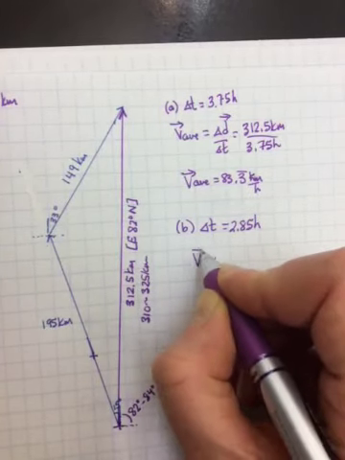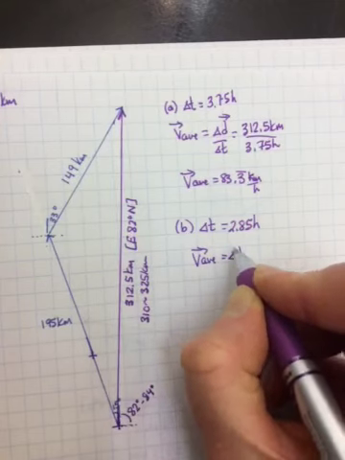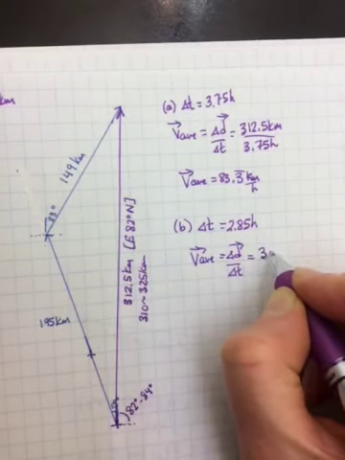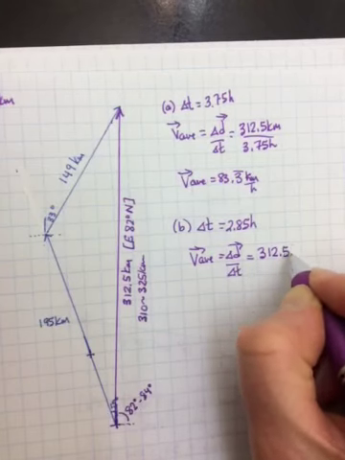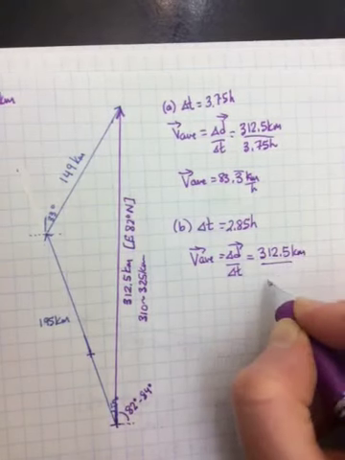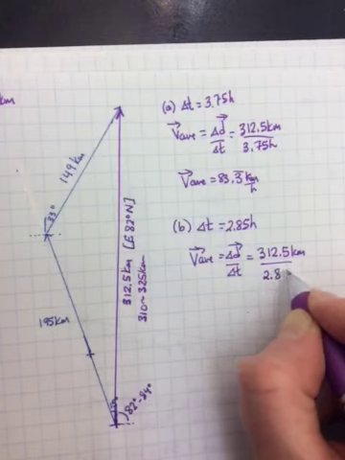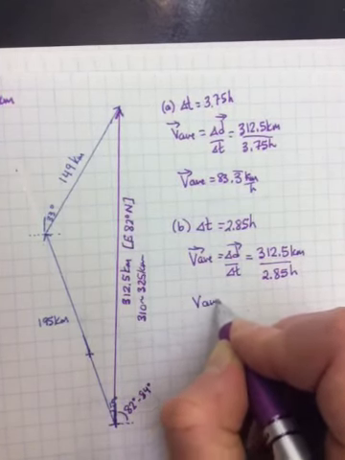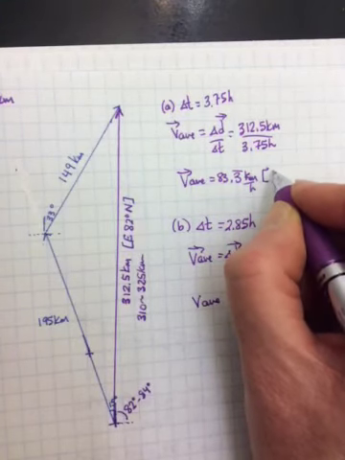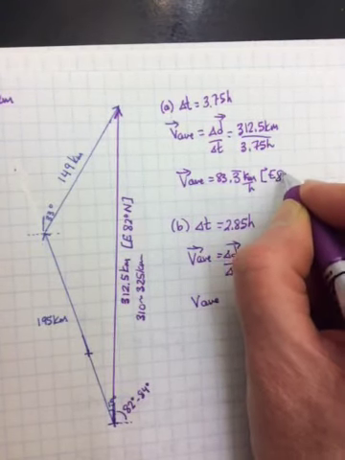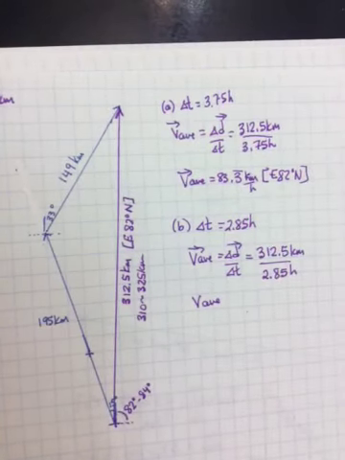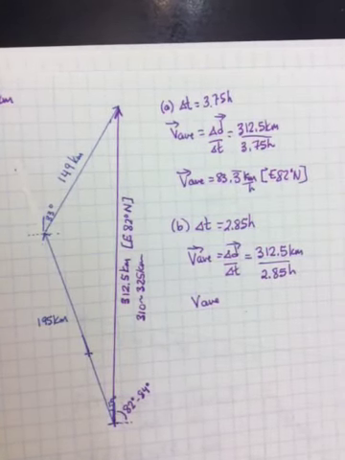So VAV again will equal delta D over delta T. The delta D is the same, 312.5 or whatever it was you got, but this time it's going to be divided by 2.85 of an hour. Oh, and by the way, the direction here would be the same, so east 82 degrees north. Okay, so how was that?